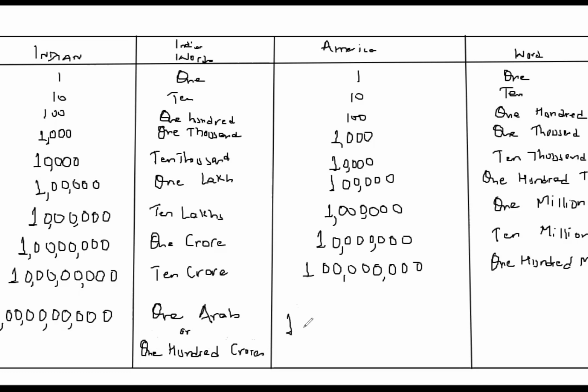We go to the US for the same, right? So we'll have a period after every third digit, and this is going to be called 1 billion, right?